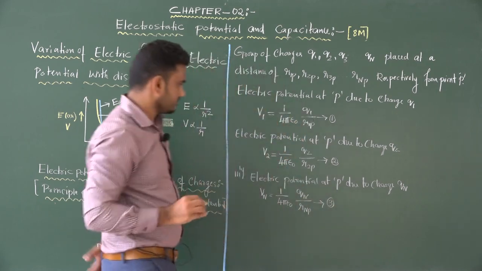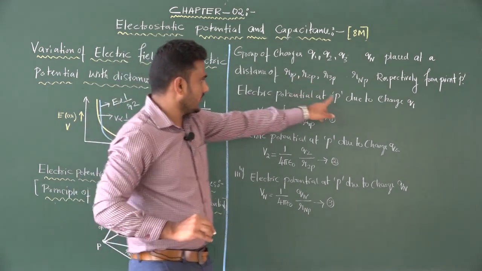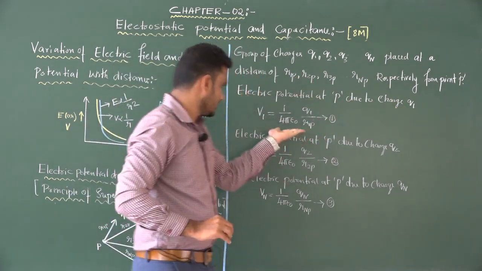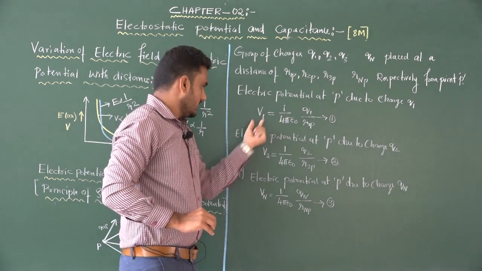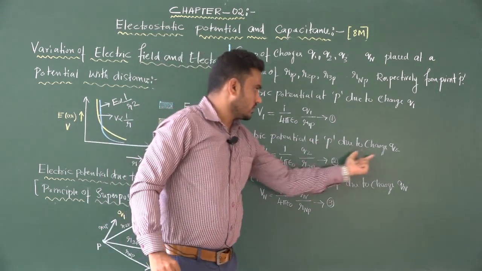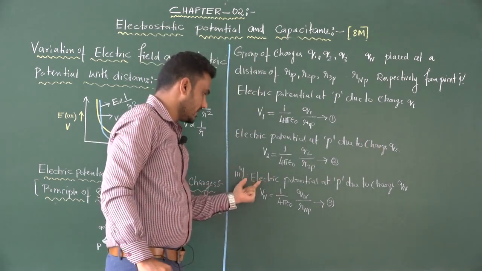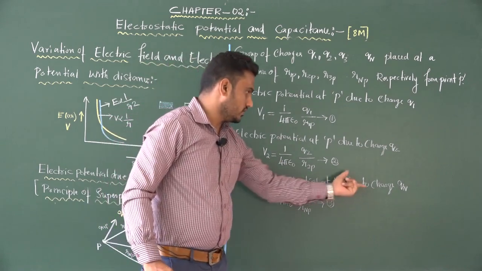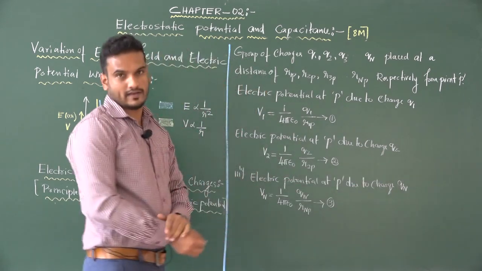Equation number 3. Electric potential at point P due to charge Q1 is V1. Electric potential at point P due to Q2 is V2. Similarly, electric potential at point P due to charge Qn is Vn.